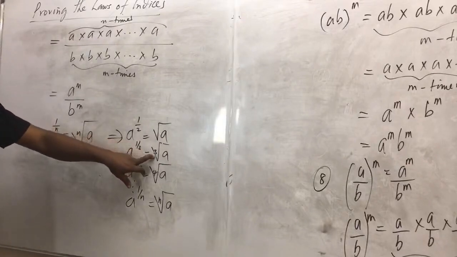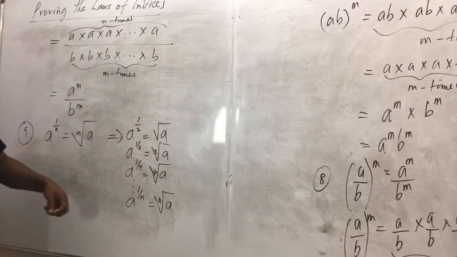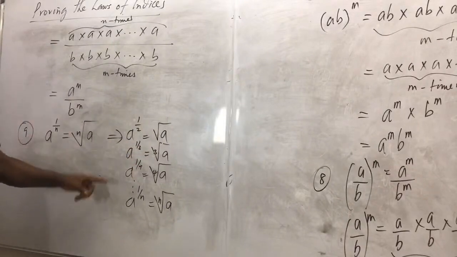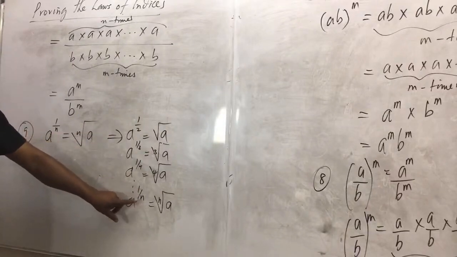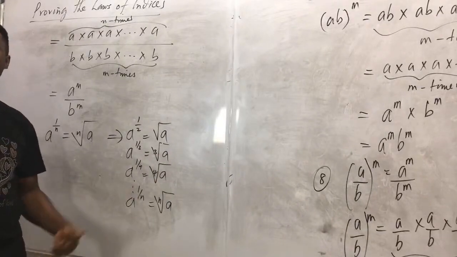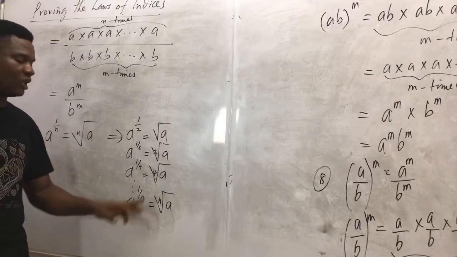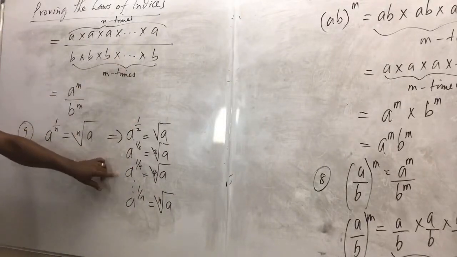The fourth root of a will be a number that will multiply itself 4 times to give a. And that will continue up to a raised to the power 1 over n, which will be a number that will multiply itself n times to give the result a. So by induction, you would have that.